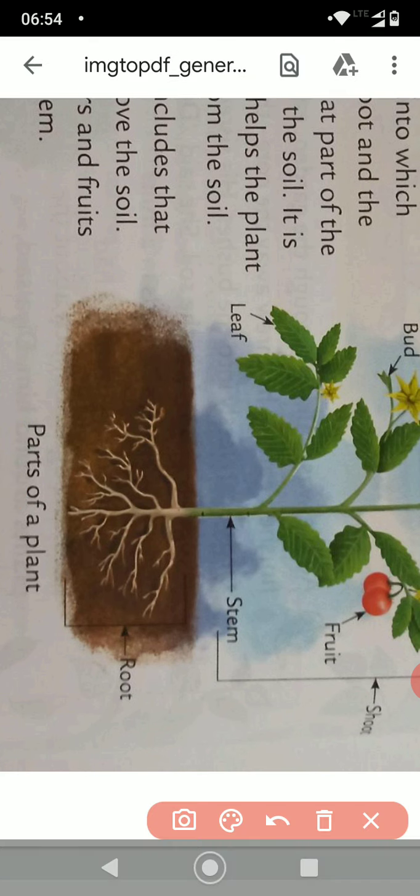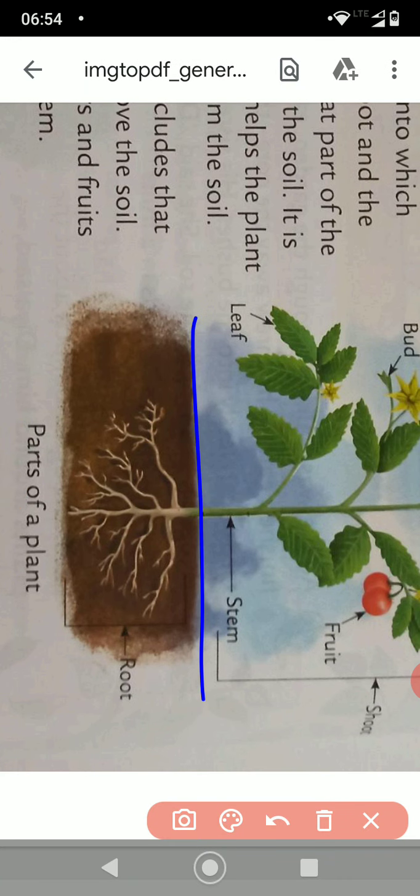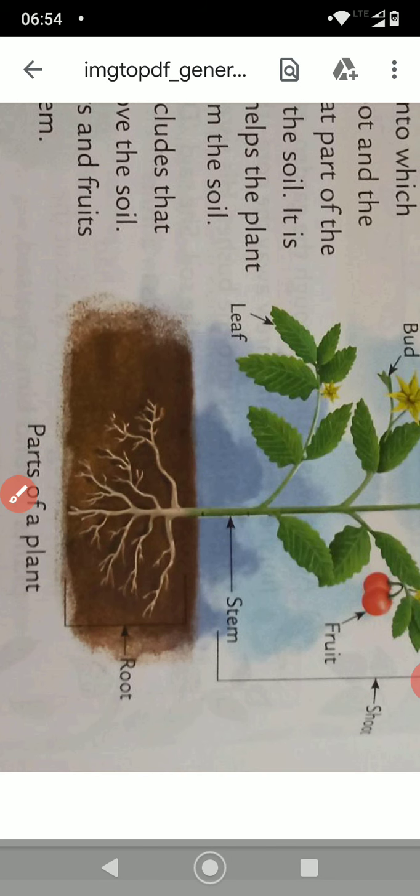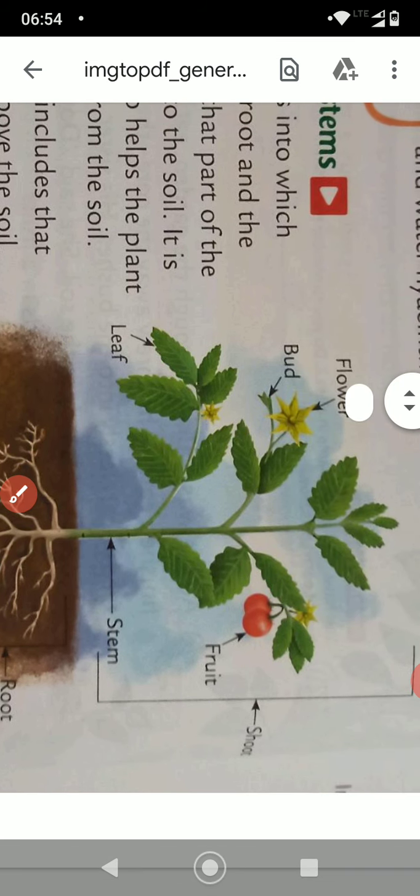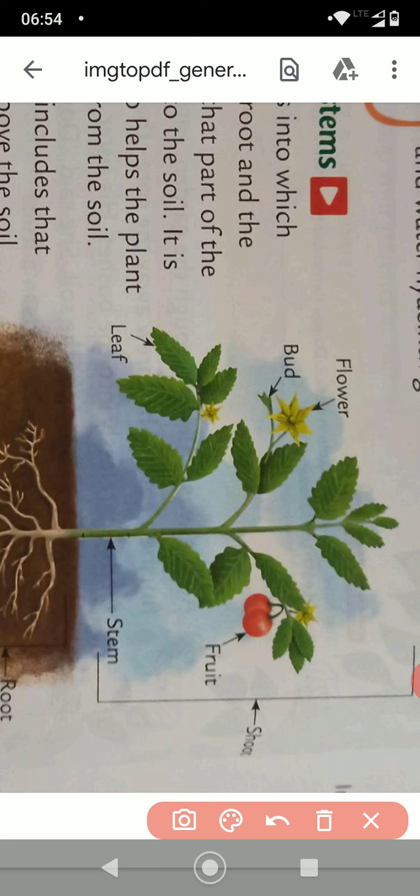We all know that the part below the soil is the root system, and the part above the soil is the shoot system. In the shoot system you will find the stem, the leaf, flower, buds and the fruits.